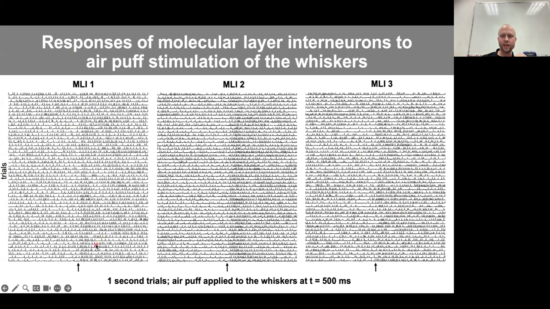And what you can appreciate is that the MLIs are responding. Another cool thing you can appreciate from these plots is that there appear to be correlations in periods of spiking. For example, during this period where there's a low firing rate in this MLI, it's also here and here. And then there are also some trials where there's high levels of spiking, and this seems to be shared across MLIs.